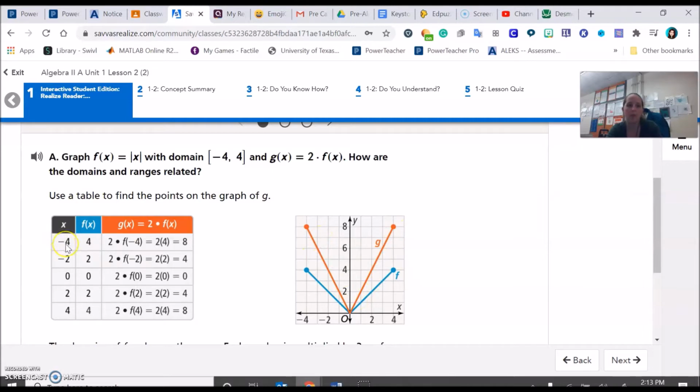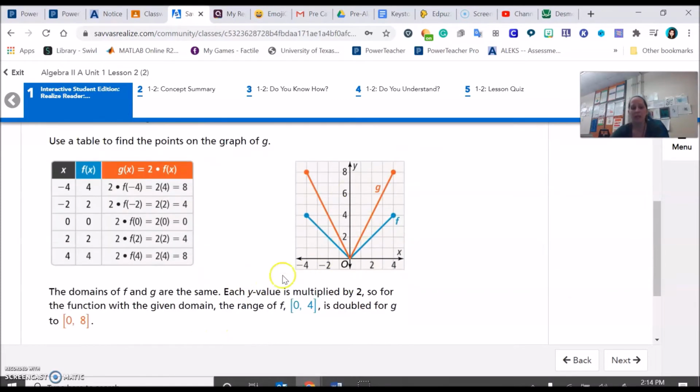So the original points that I had were (-4, 4), (-2, 2), (0, 0), (2, 2), (4, 4). What I did was I multiplied each one of these y values by 2 to get my new points. So my x value stayed the same, but my y values essentially changed, okay? So looking at this, the domains of f and g are the same, okay?